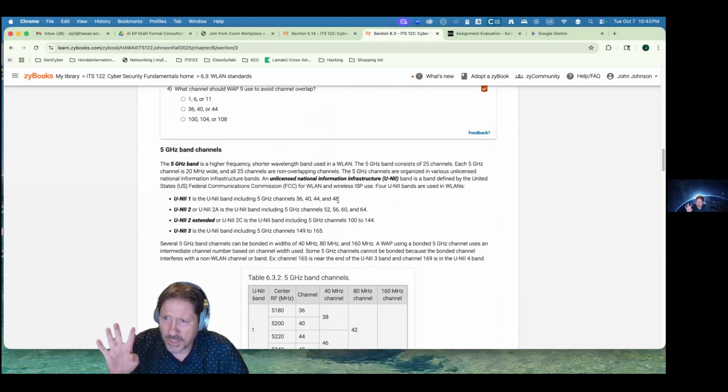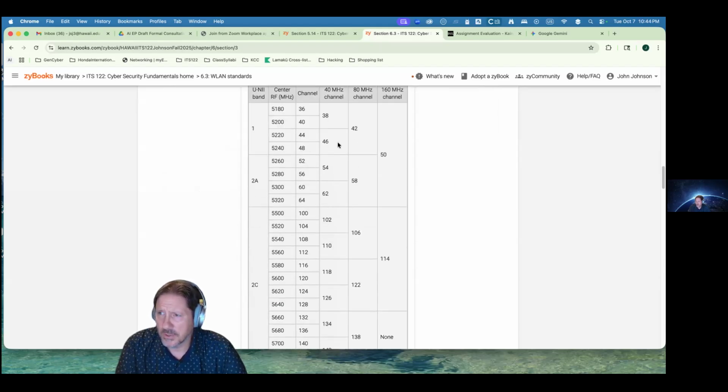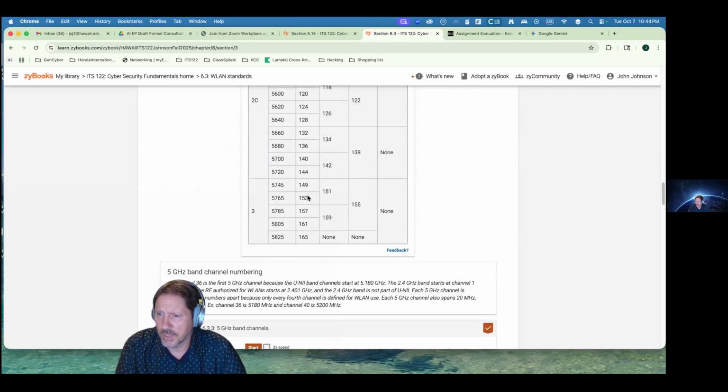So there's only 4 of them in that U-NII 1. Then U-NII 2 has 4 as well, but it starts at 52, which is right after U-NII 1 leaves off. And then in the next one, U-NII 2 extended, it's 100 to 144, which is a big jump there. And then U-NII 3 is 149 to 165. And just know that we can combine the channels. We take the middle number for the name of the new channel that we're talking about.